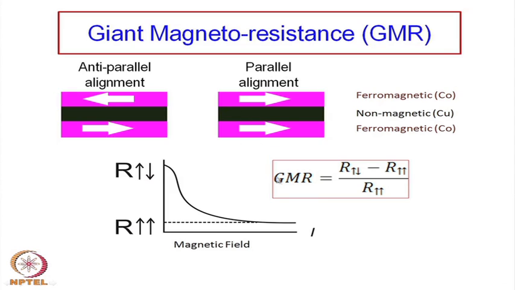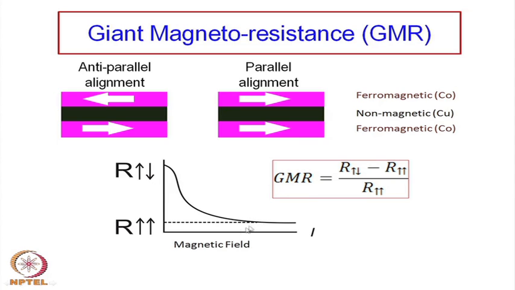This is the kind of variation one expects. In the antiparallel orientation of the two ferromagnetic moments the resistance is very high, whereas in a parallel orientation the resistance becomes very low.